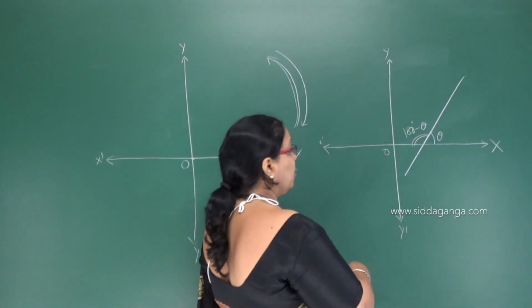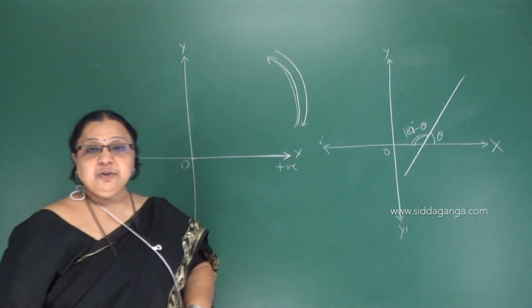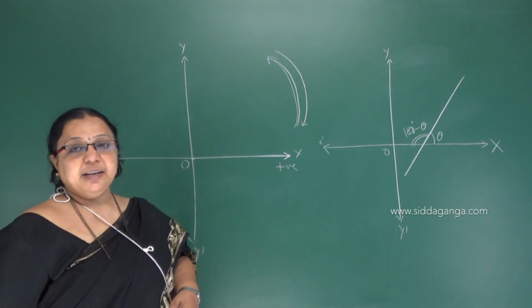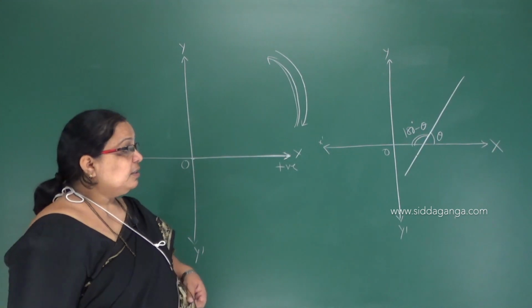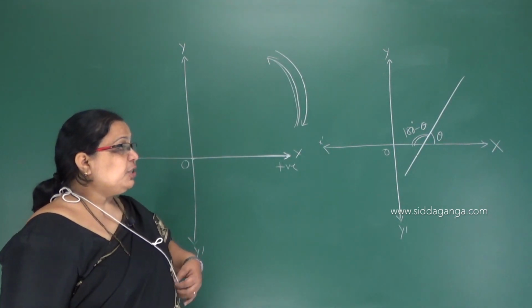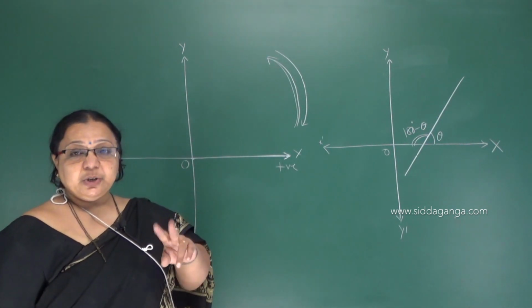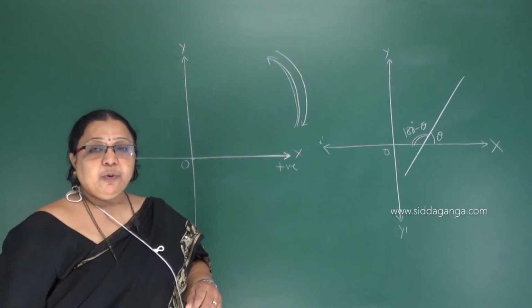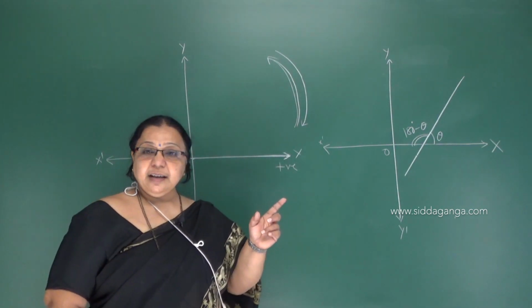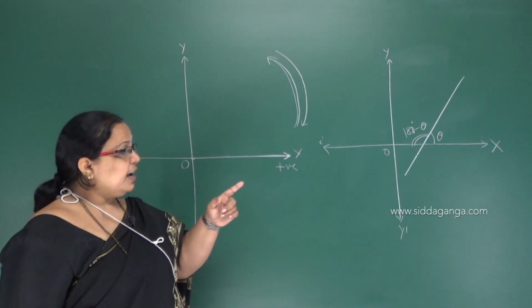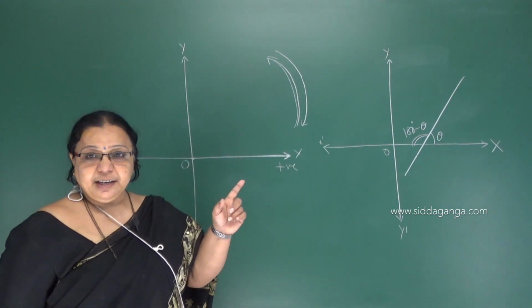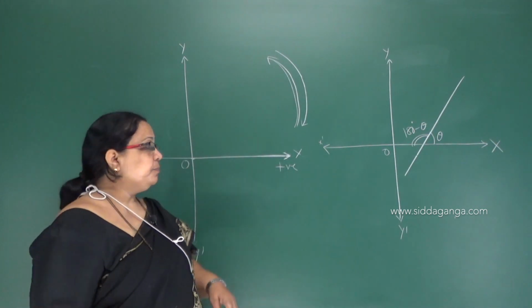So any line with the positive x-axis makes two types of angles, one complementary and another supplementary: theta and 180 degrees minus theta.